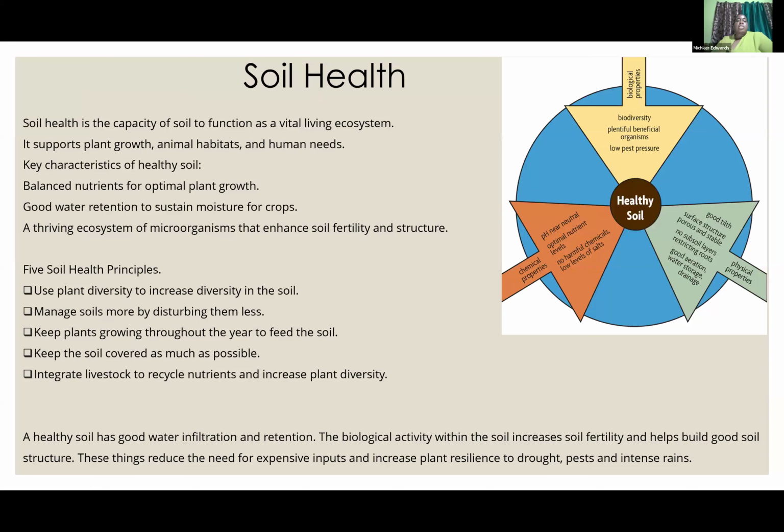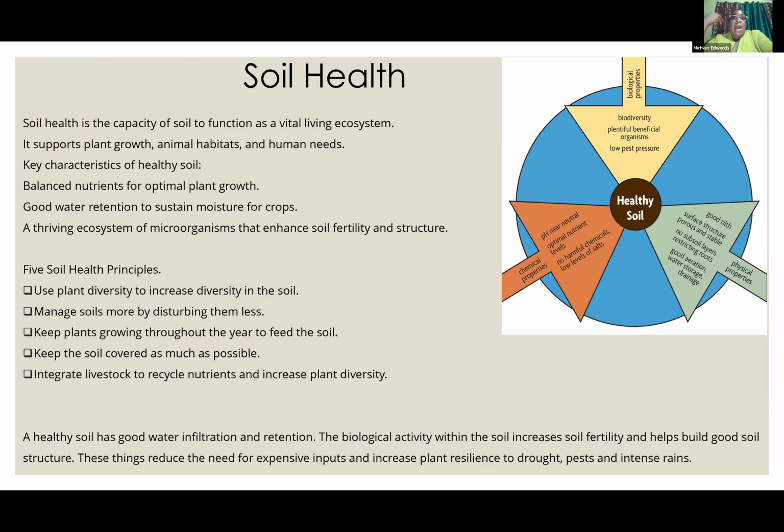So soil health is basically the capacity of the soil to function as a vital living ecosystem. It supports plant growth, animal habitats, and human needs. Some of the key characteristics of soil health is having balanced nutrients. Just think about us. If we are lacking in certain nutrients, for example vitamin C, you could end up with scurvy, or vitamin A, night blindness.